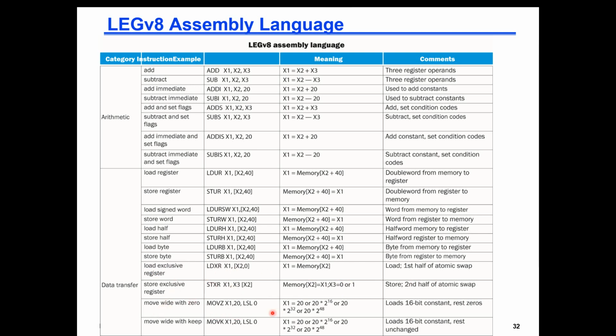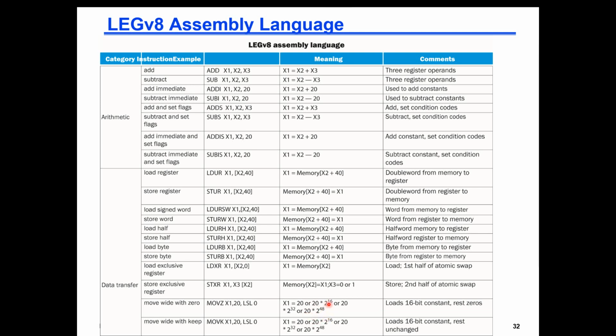Move wide with 0. So this does this, and it's also doing a shift. So move wide with 0. This register takes the number 20, and then you get a shift, which is this multiplication by a power of 2.